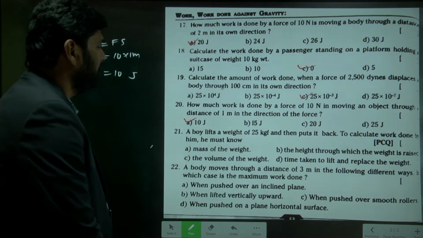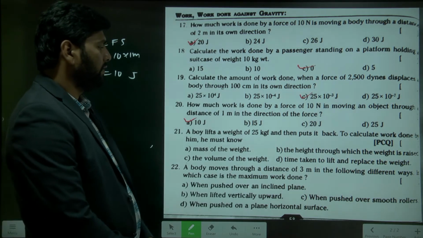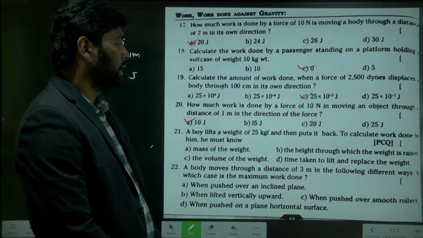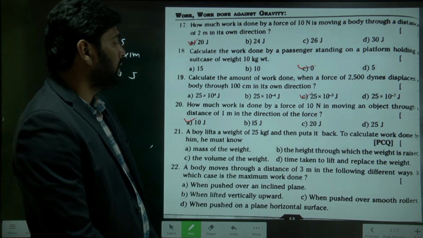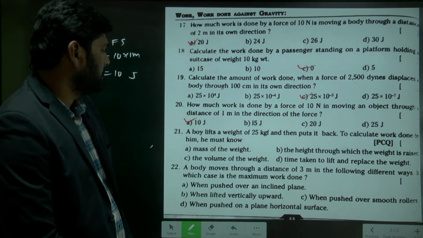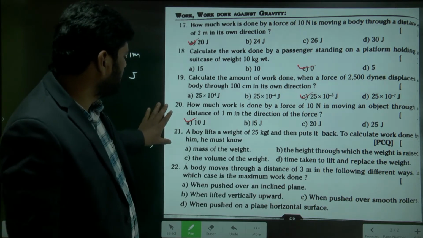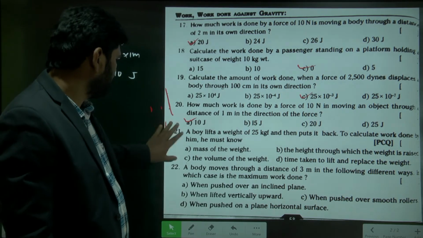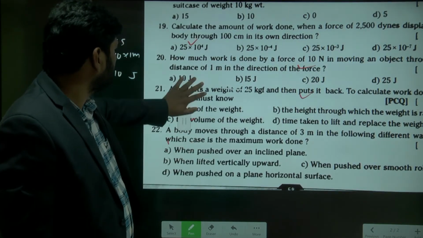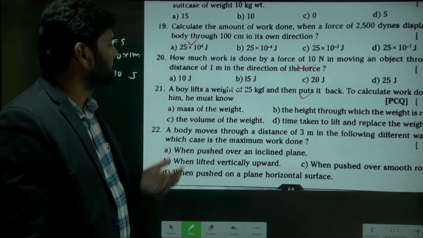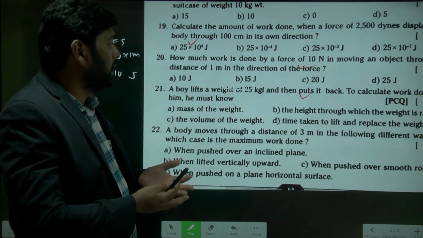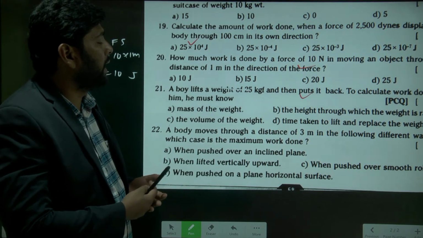Next, similarly, the 21st question. A boy lifts a weight of 25 kg force and puts it back. Calculate the work done by him. Once again, let us read. A boy lifts a weight of 25 kg force and then puts it back.